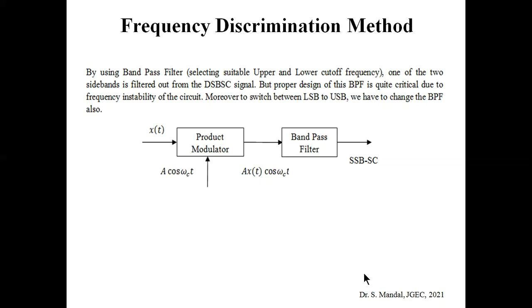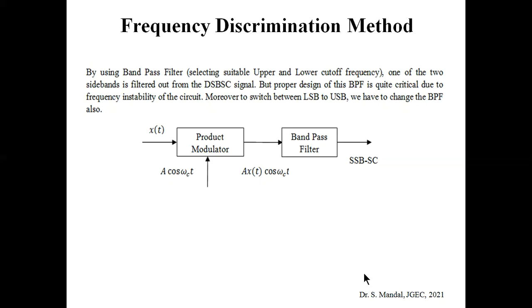Okay, so if you are using a very sharp and very stable filter which can easily cut out, suppose to separate the USB, we need to use a bandpass filter whose lower cutoff frequency will be omega_c and upper cutoff frequency will be omega_c plus omega_m.